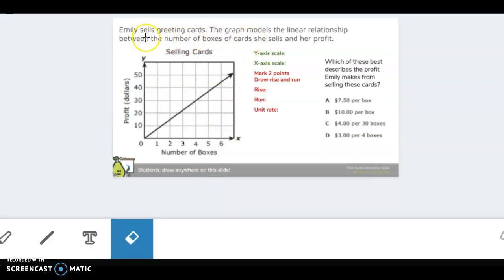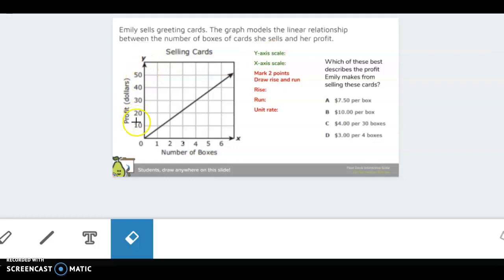So up here we have a description of what our graph is telling us. Here in the middle in green and red are these steps that we need to use in order to find unit rate from a graph. So we've got to look at what our y-axis scale is.